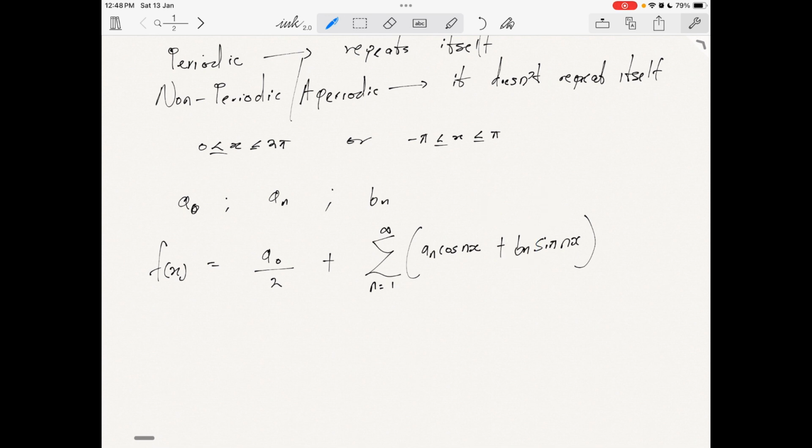Now, since we'll be using a lot of trigonometric functions, most essentially sine and cos, there is a need for us to establish some facts.